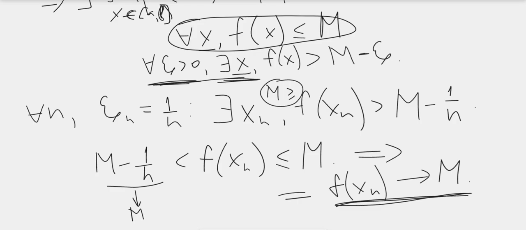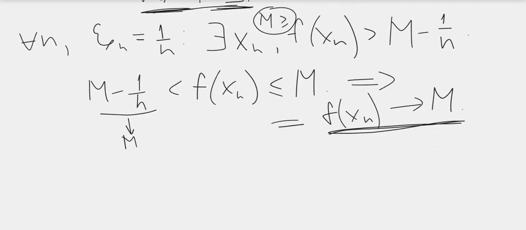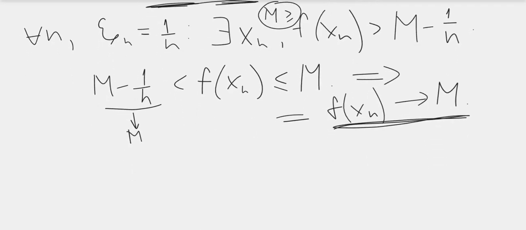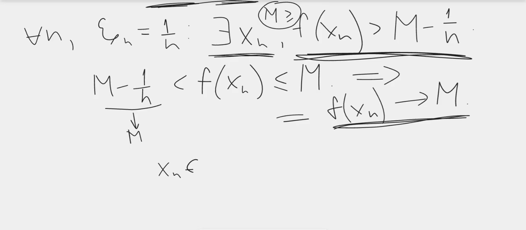Now this sequence xn doesn't necessarily converge, because by construction it only satisfies this property. But xn always belongs to the interval from a to b, right? So xn is a bounded sequence. It might converge, it might not converge, but it is bounded.